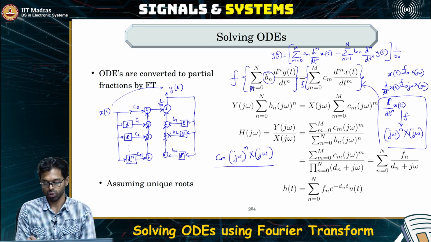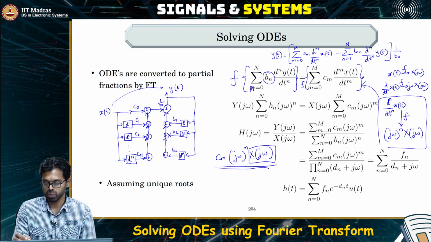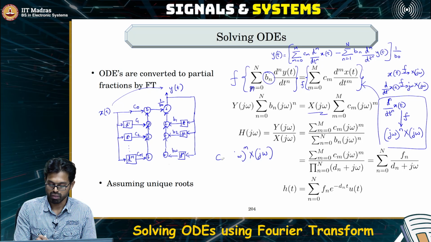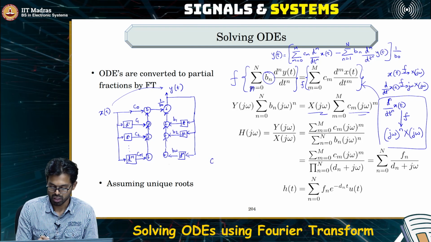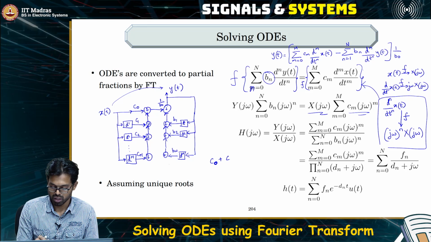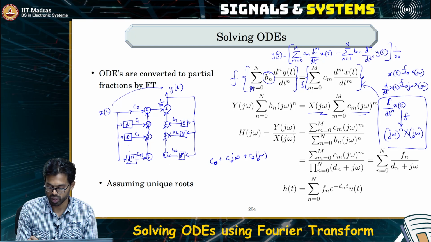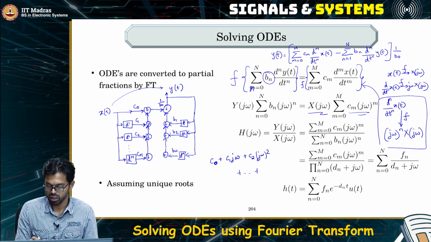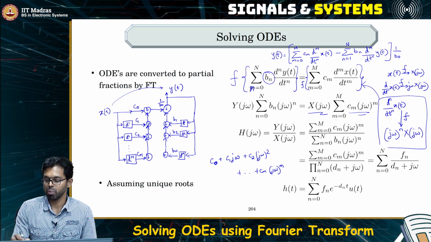Since x of j omega is common, we take that outside, and all we are left with is a polynomial. This is something like C0 plus C1 j omega plus C2 (j omega) squared, and so on up until Cm (j omega)^m. So we have a polynomial here.